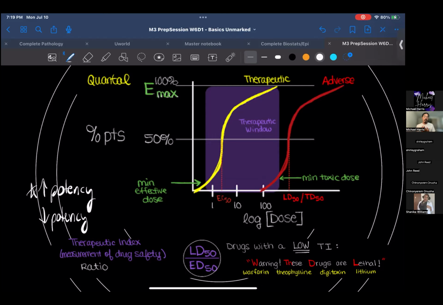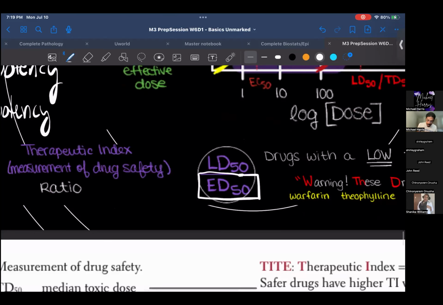Okay, so if you have a lower potency drug, what does that mean? That means you need more of a drug, not like dosing wise, before you reach ED50. Okay, so essentially what you did is increase ED50. When you increase ED50, what happens to your therapeutic index? Does it go up or go down?